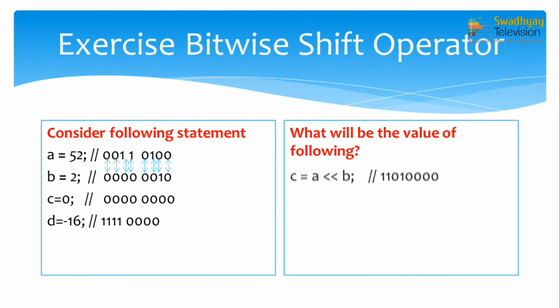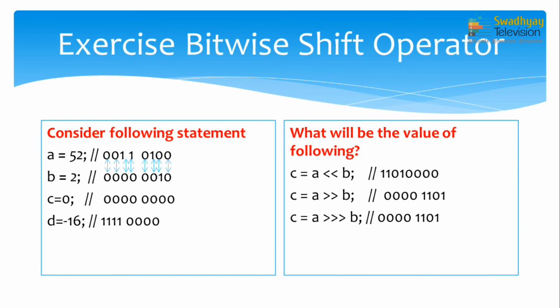Now, we want to shift the bits of A right by 2 digits. You can see the result on screen. This will shift all bits to the right by 2 positions. So, the result is shown on screen, and we have the last operator.